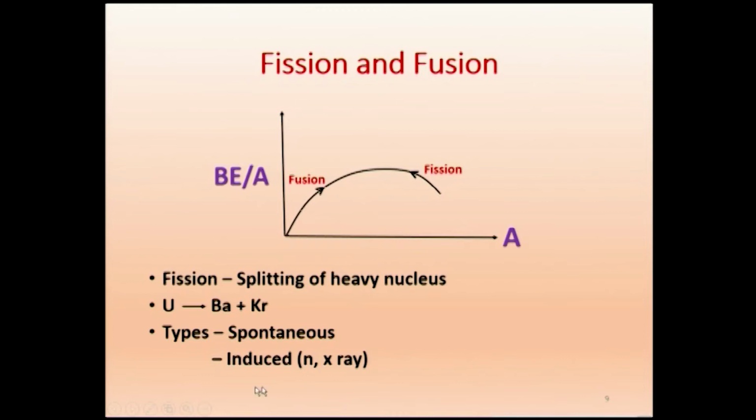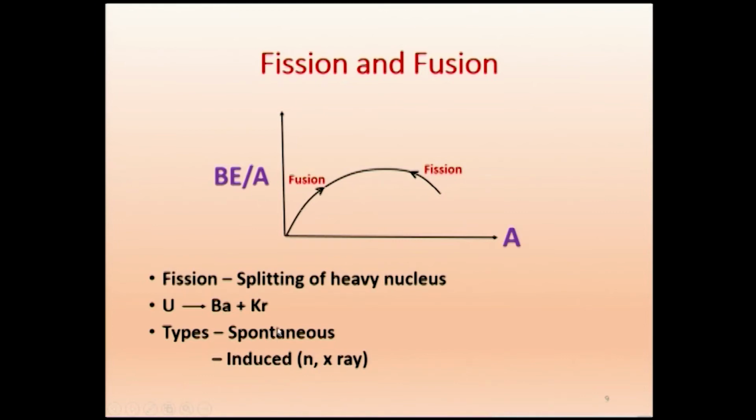If you take 92, it is stable and available in nature, and it is the most unstable element available in nature. It is like a stone on a rock at a crucial point. Any small disturbance, and it is ready to come down. That disturbance is called induced fission.